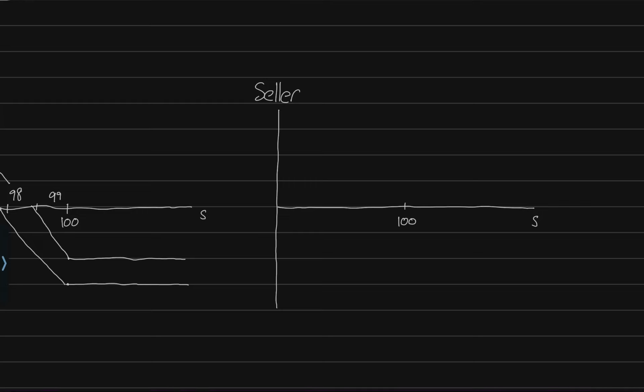So at $200, if my stock price is greater than 100, I would see my maximum profits of 200. And obviously, if this were to go down to $98, I would break even as a seller.